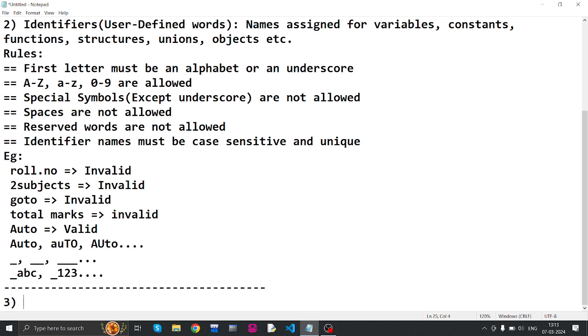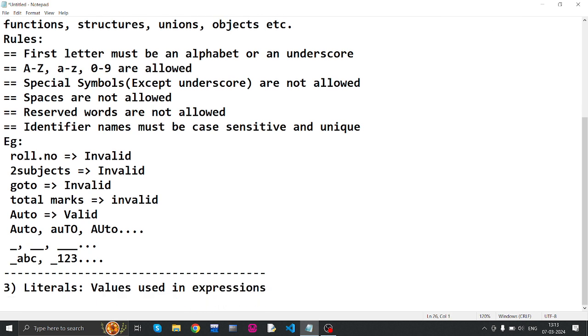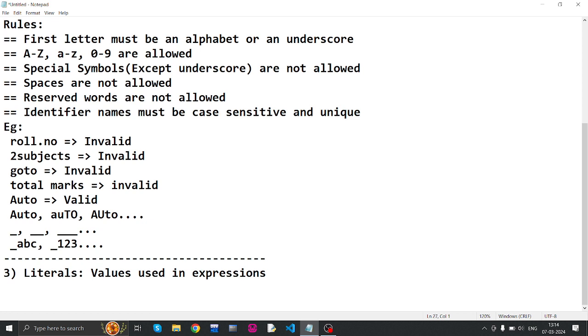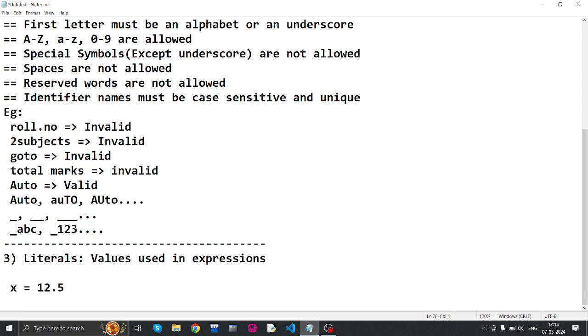Next, the third set of tokens here, we call them literals. What are literals in programming? Values used in expressions are called literals. Literals are nothing but values used in expressions. Generally, while writing something in mathematics, x equals 12.5.